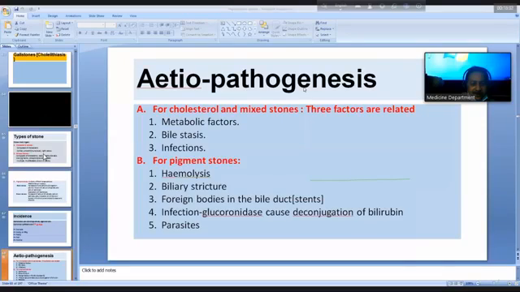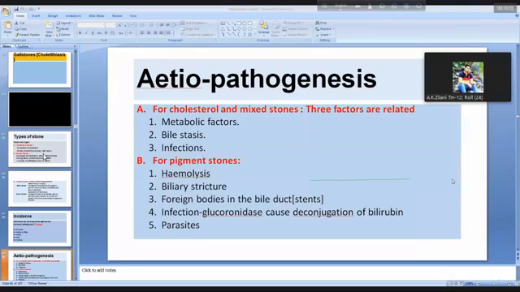Second is biliary stricture. That is, if there is narrowing of the common bile duct, that leads to stasis of the bile, and it may be responsible for the formation of the pigment stone. Foreign bodies in the bile duct like stent, infection.